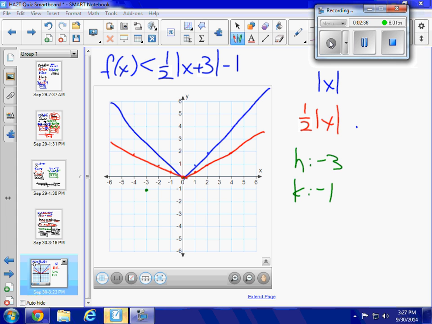I'll go 1, 2, 3, down 1. It comes out to be right there. I'll do the point 2, 1. I'll go 1, 2, 3, and it comes out to be right there. And so my transformed graph looks like that.